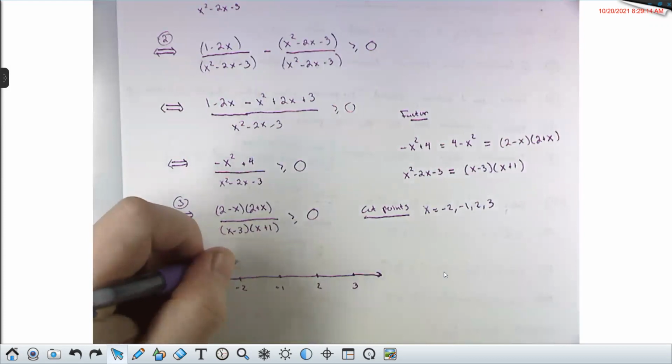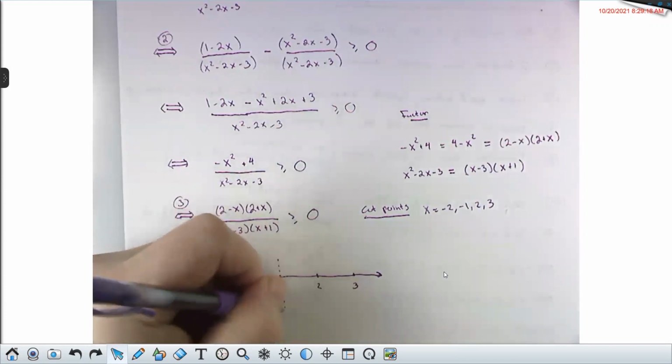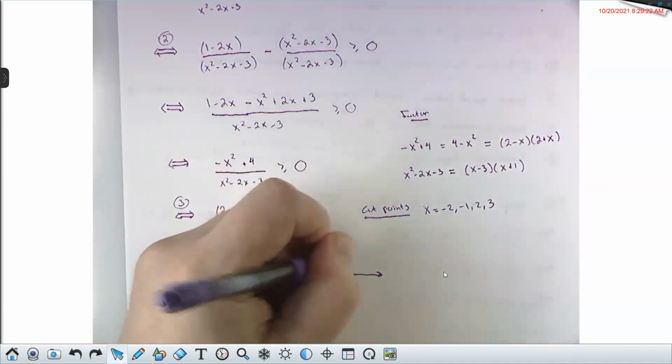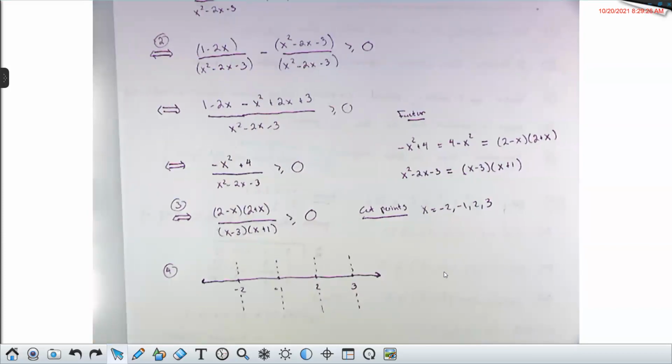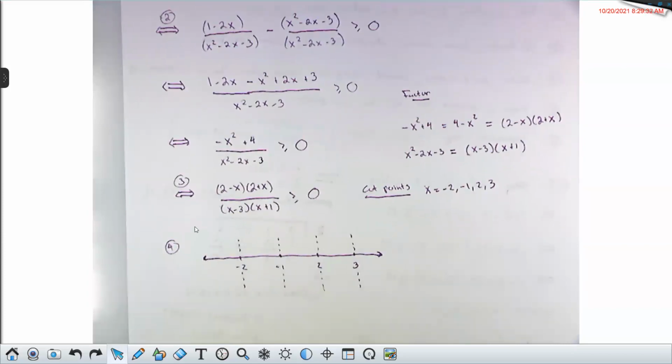And this splits my number line up into several regions. I need to find the sign in one of these regions in order to use my multiplicity trick to get the sign in the rest of them.